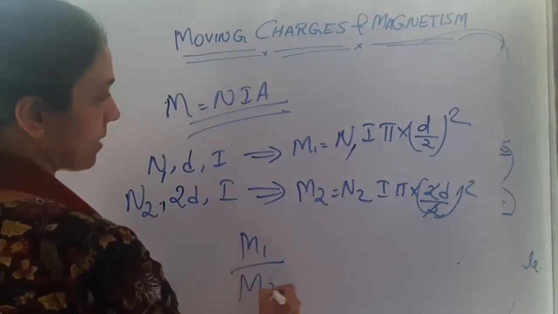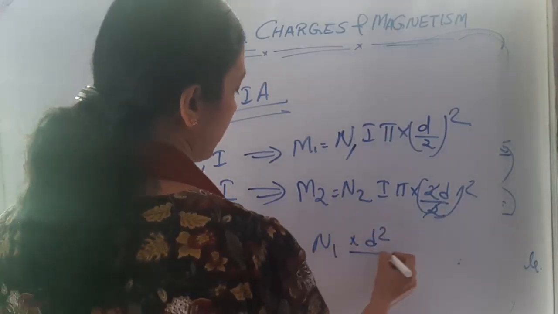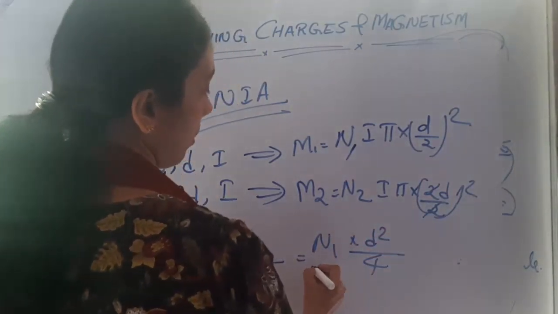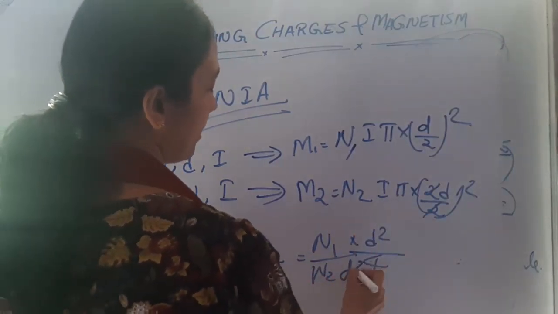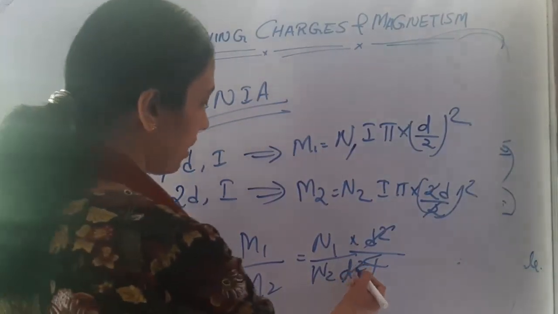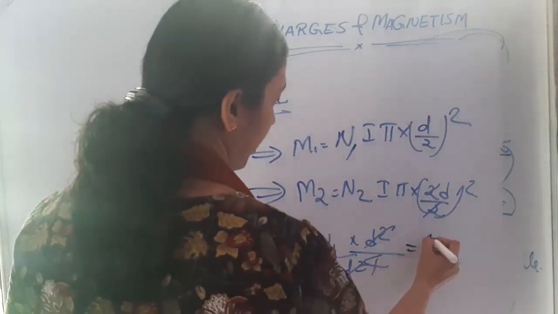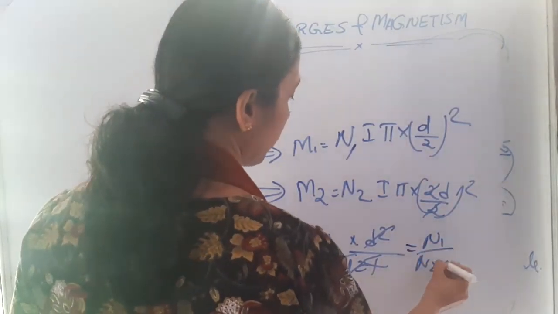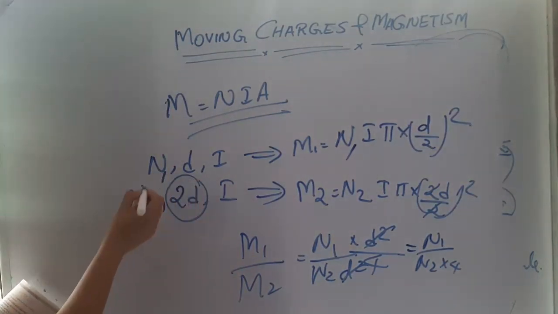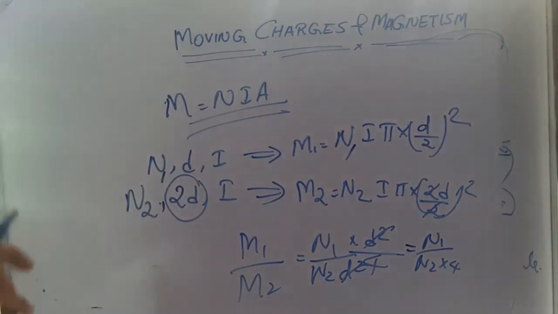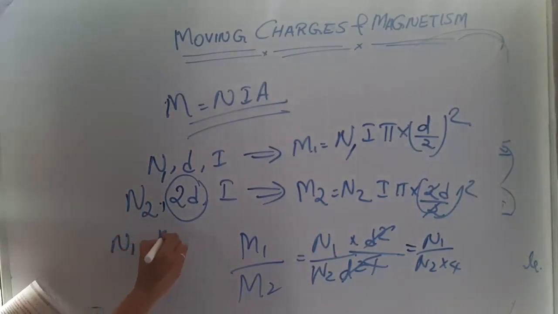M1 by M2 is equal to N1 into I into pi D square by 4 divided by N2 into I into pi D square. Pi and D square will get cancelled. Now we are getting N1 by N2 into 4. If the diameter is doubled, how will the number of turns change?